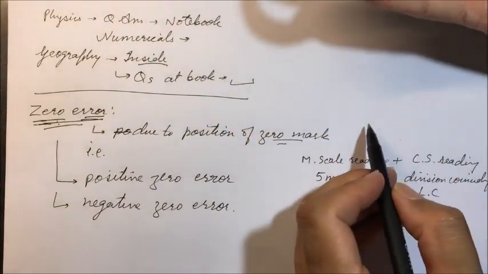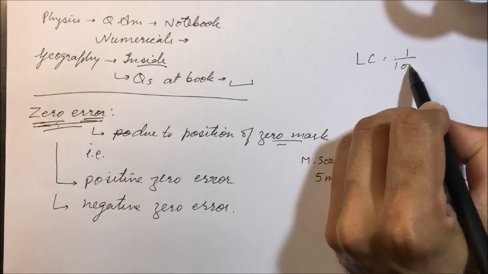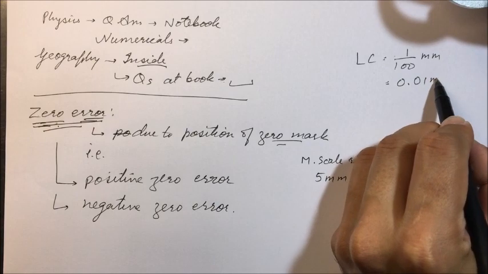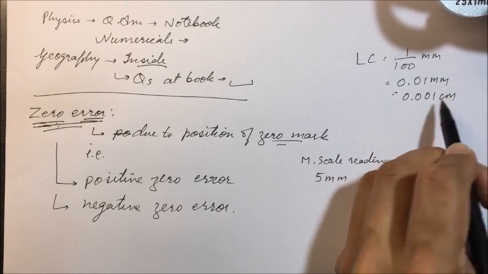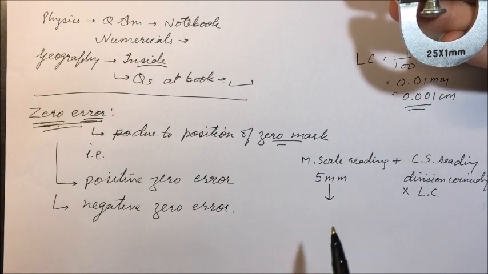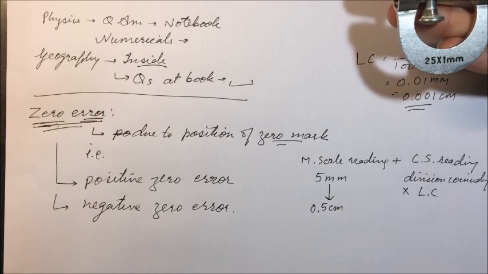The least count of this screw gauge is 1 upon 100 mm, that is 0.01 mm. In centimeters it will be 0.001 centimeter. So main scale reading 5 mm is 0.5 centimeters.